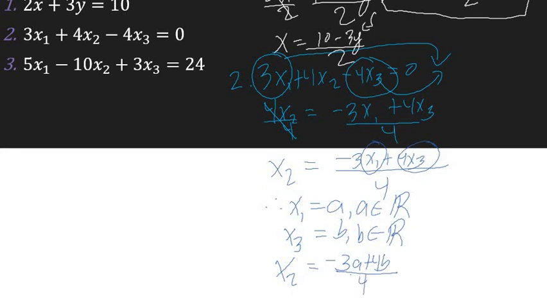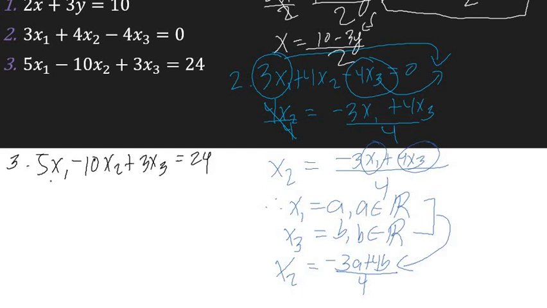It is better to represent the free variables first because they are the ones used in the parametric equation. So in the last one, number 3, which I'll be writing here, we have 5x sub 1 minus 10x sub 2 plus 3x sub 3 equals 24.